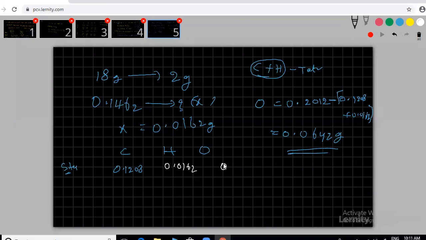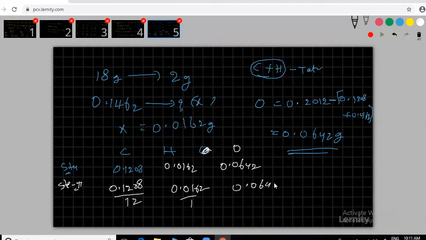Oxygen weight, 0.0642 grams. Now step 2. What is step 2? Dividing by their atomic masses. 0.1208 divided by 12. 0.0162 by 1. 0.0642 by 16.